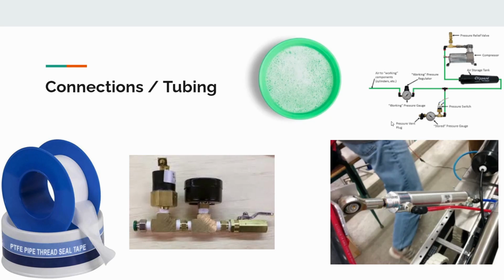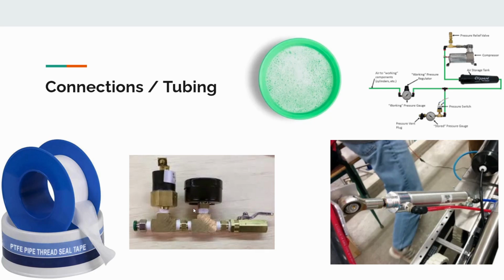For connecting all of your pneumatic components together, there are two principal ways of doing that. The first, pictured here, is by screwing certain parts together. Here we have a release, which is always required as it allows you to depressurize your loop.